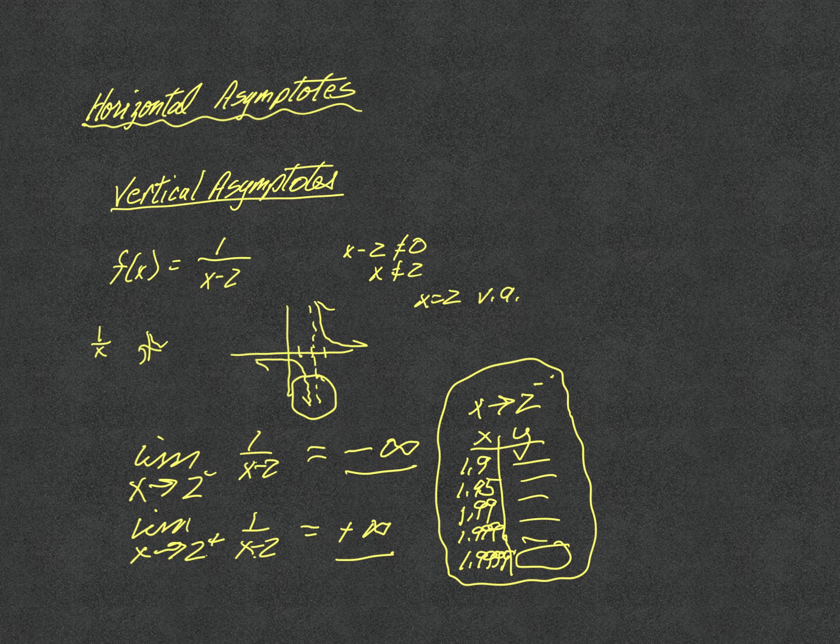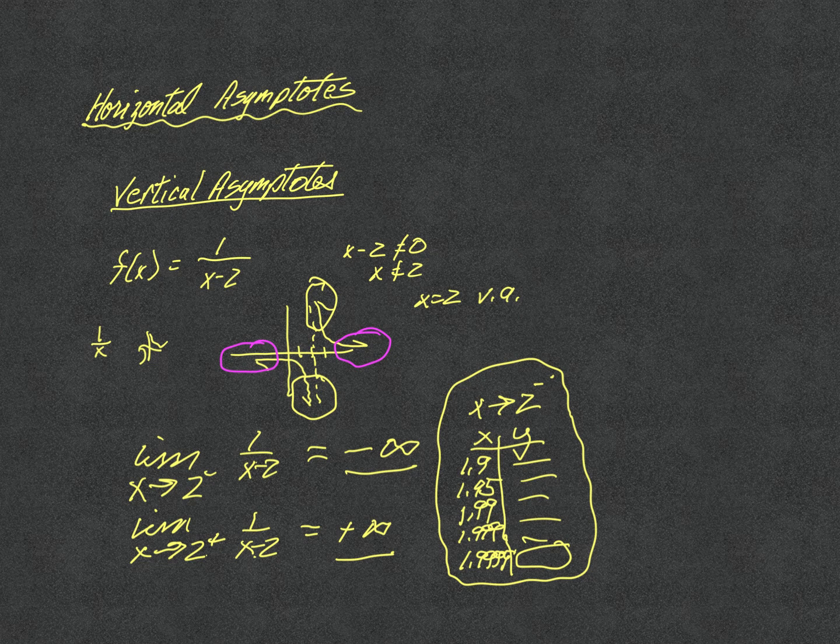All right, so that's how we did vertical asymptotes, because we wanted to find out what the graph was doing close to the vertical asymptote. So now what you can see is that we've got to do something similar with horizontal asymptotes.